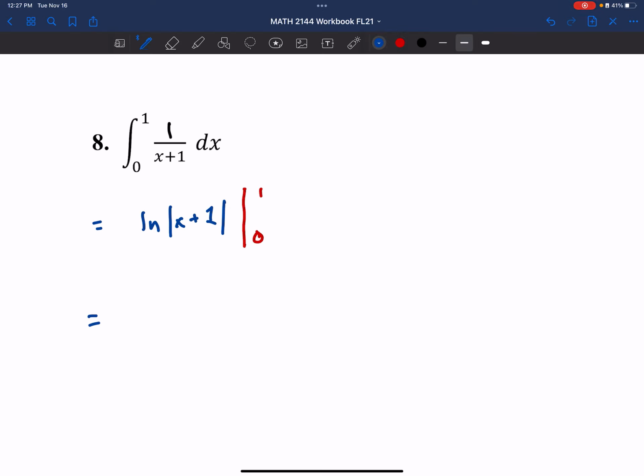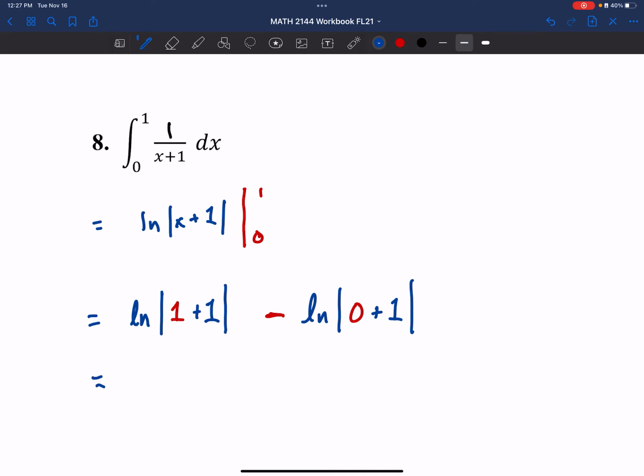So we have the ln of the absolute value of 1 plus 1. And then we will subtract from that the ln of the absolute value of 0 plus 1.